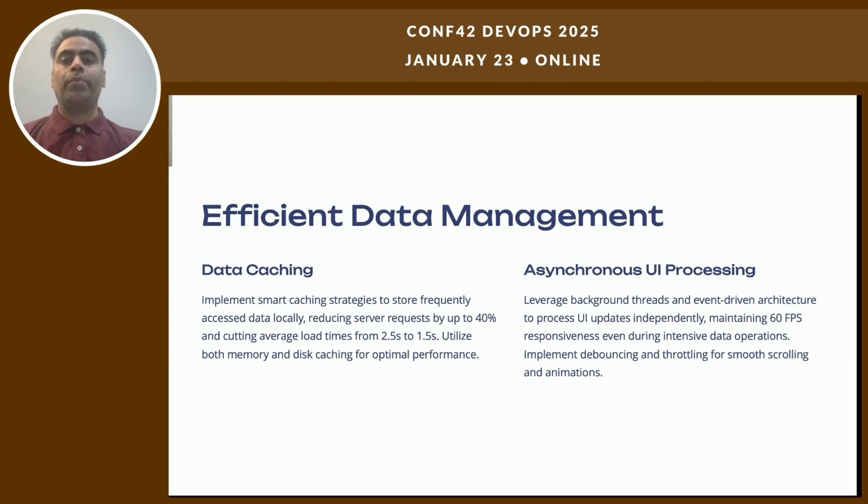Caching is the first step. Implement smart caching strategies to store frequently accessed data locally, reducing server requests by up to 40% and cutting average load times from 2.5 seconds to 1.5 seconds or more. Utilize both memory and disk caching for optimal performance.